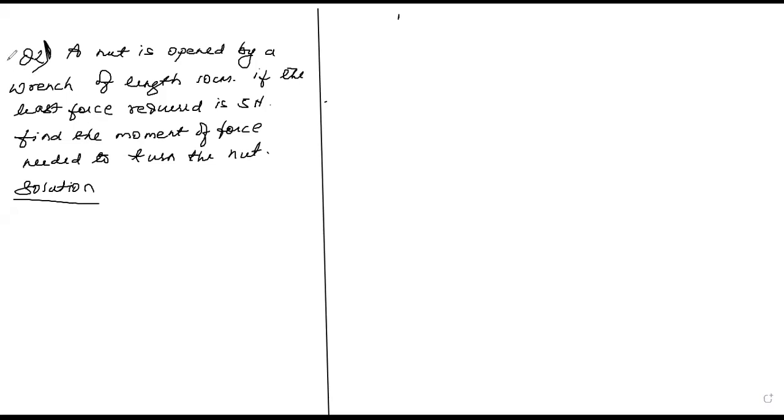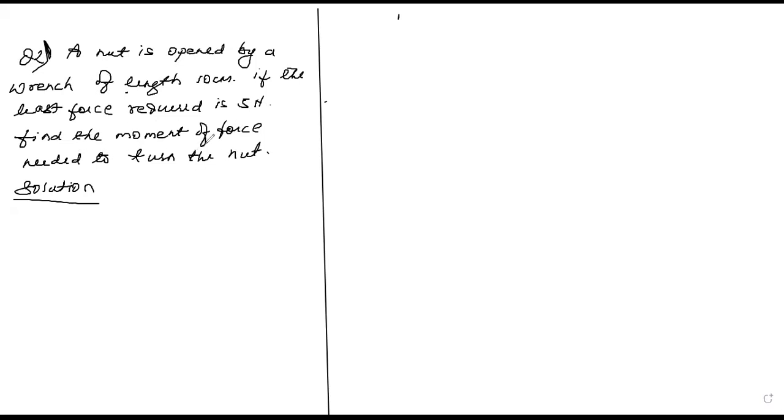You can see, children, question number 2. A nut is opened by a wrench of length 10 centimeter. Got it? What is a wrench? Wrench is nothing but a spanner. That means this is the distance. Now, if the least force required is 5 Newton, find the moment of force needed to turn the nut.